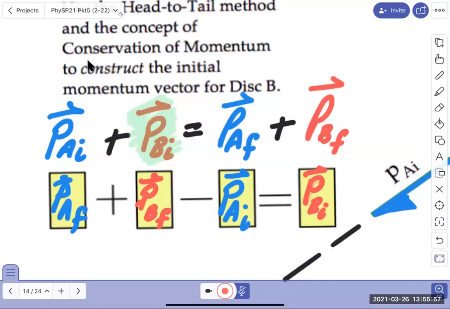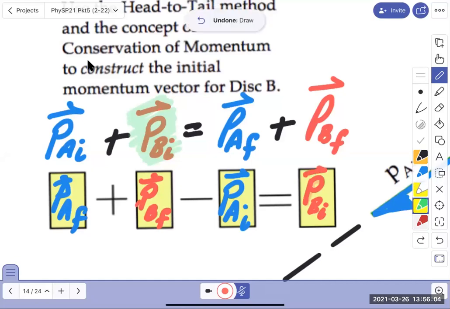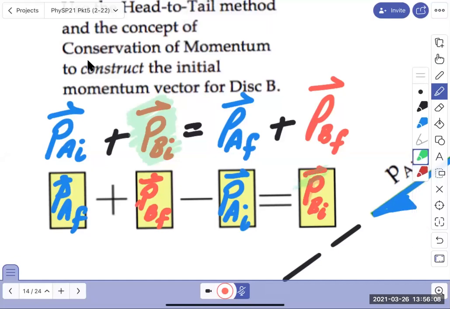Sort of, but I'm just wondering how you got PAI plus PBI equals PAF plus PBF. All of that is conservation of momentum. Summation of PI equals summation of PF. This is the summation of the momentums to begin with, and that equals the summation of the momentums to end with.